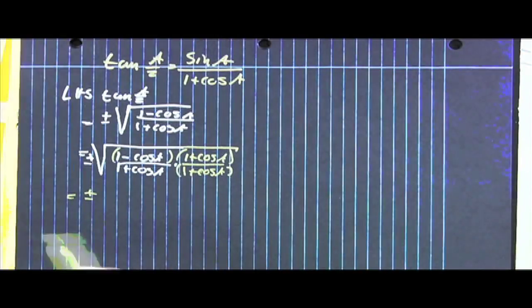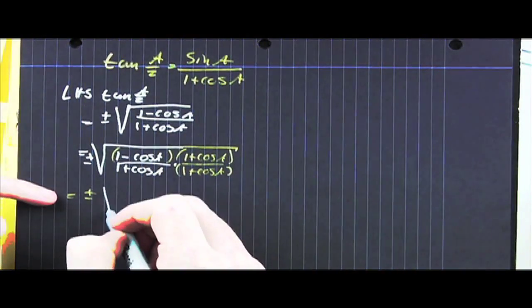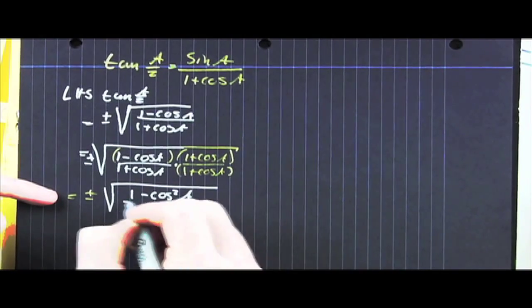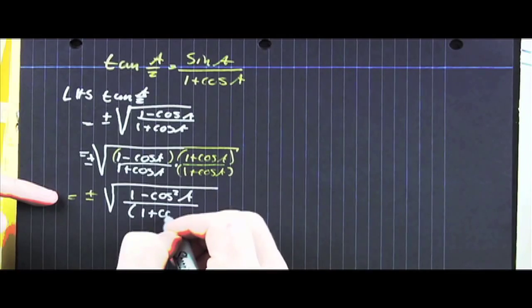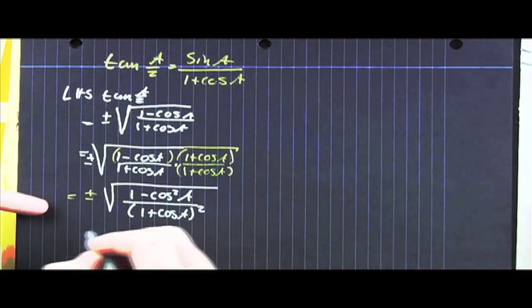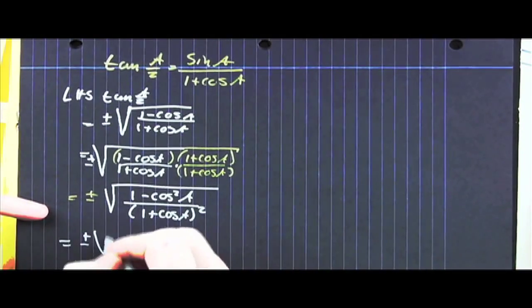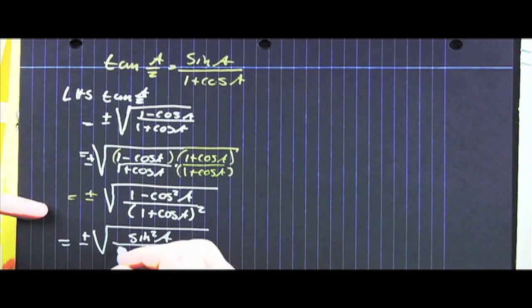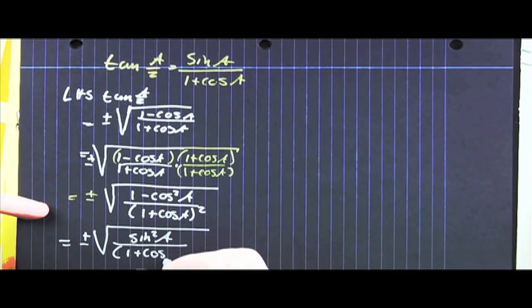Now, when we do, in the top, we see we have the difference of squares, and when we multiply that out, that's 1 minus the cosine squared a, and down there in the bottom, why don't I just call that a square? Now what? Oh, Pythagorean! Pythagorean.